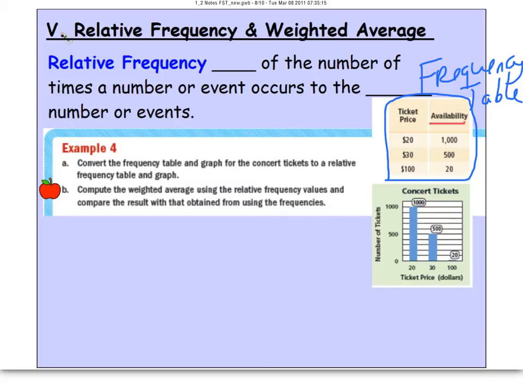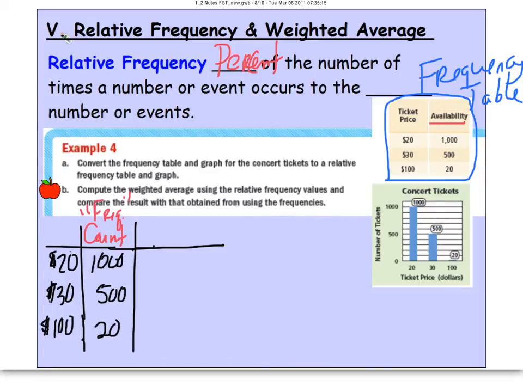So what relative frequency is, is the percent of the total. So to do that, let me just draw the table down here again. Okay, so here's our table over here where we have the 3 different ticket prices. And instead of putting availability, I put count or frequency. So just to let you remember that that's what that means.